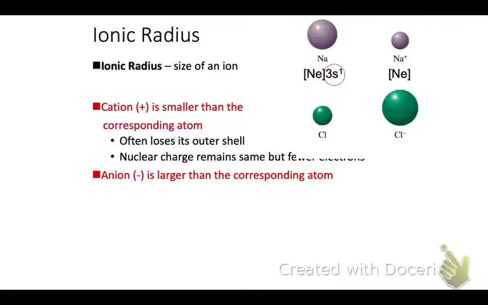Okay, the anions are larger than the neutral atom. If you look at this picture, you will find that chloride is larger than chlorine, right? And if you look at the configuration, I didn't do anything except add an extra electron to the last orbital. And what would that do, guys? Try to envision a very simple picture of the atom.